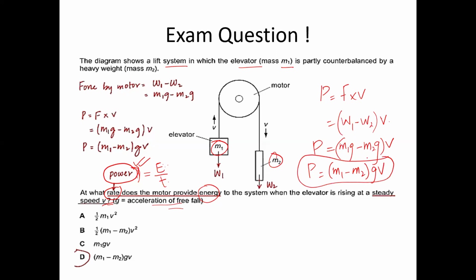So this will be the power formula we will have, and the correct answer is going to be T. So the power given out by the motor will be equal to m1 minus m2 into g multiplied by velocity.